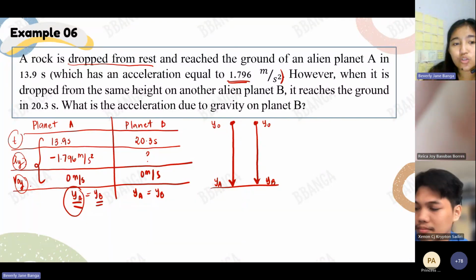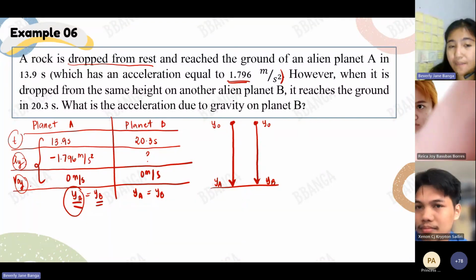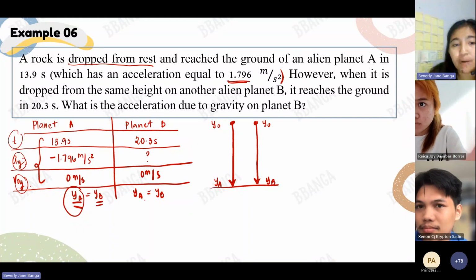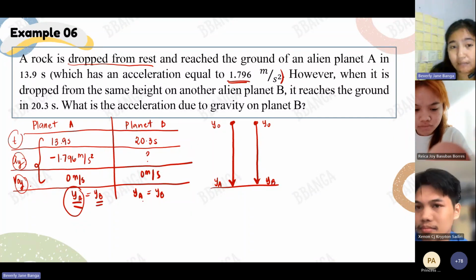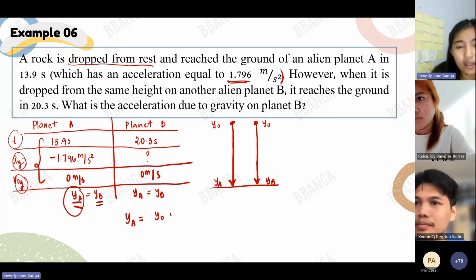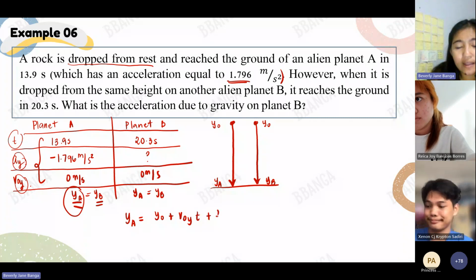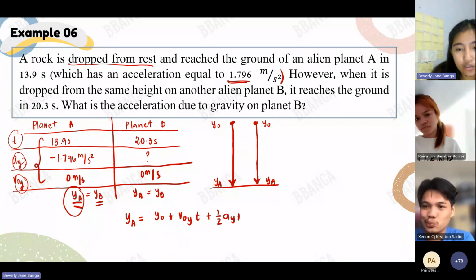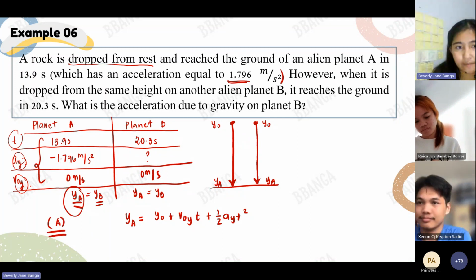So, pwede kong kuhanin muna kung ano yung height kay planet A para magamit ko siya as height kay planet B later. So, meron akong YA is equal to Y naught plus VO naught YT plus 1/2 AYT squared. So again, this is for planet A. So plug and play lang ito. Y naught is simply 0. VOY is also 0.